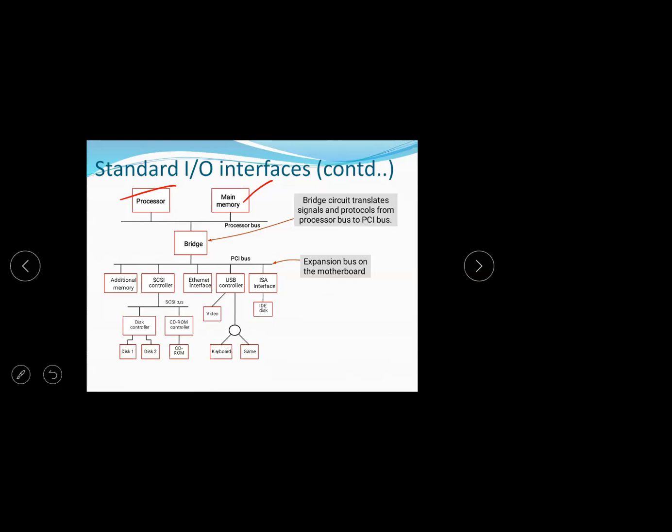The bridge circuit translates protocols and signals from the processor bus to the PCI bus. This is the processor bus and this is called the expansion bus. Both are connected by the bridge circuit, which translates the signals.